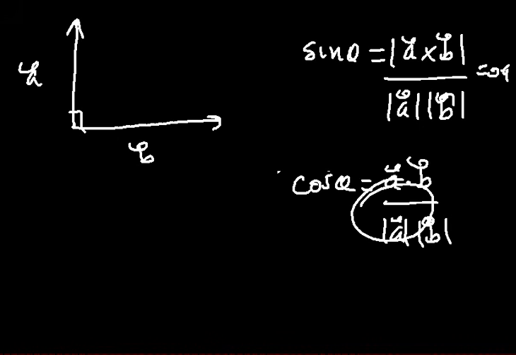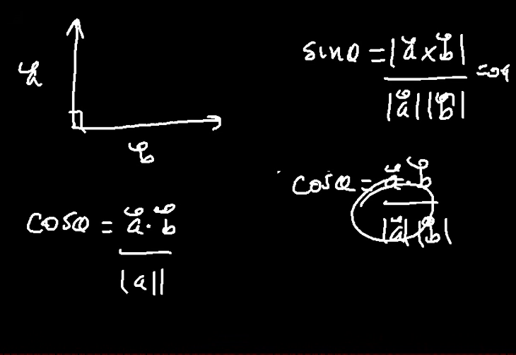So let's consider cos theta. Cos theta is equal to the dot product of the two vectors divided by the product of the magnitudes of the two vectors.